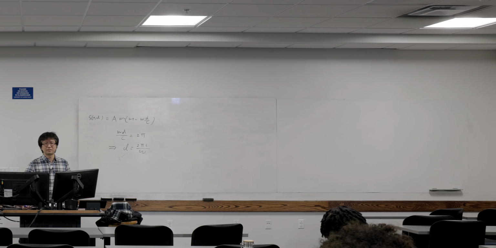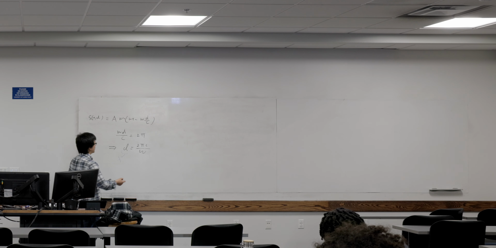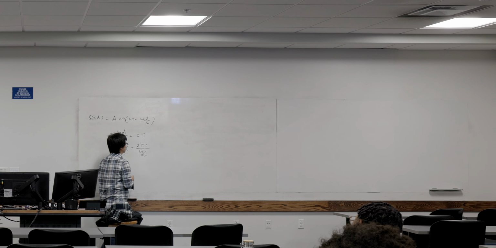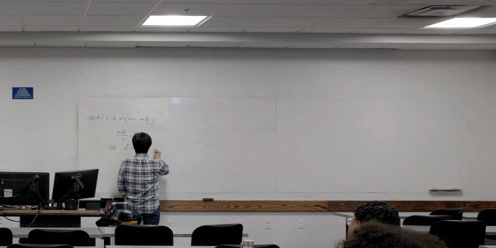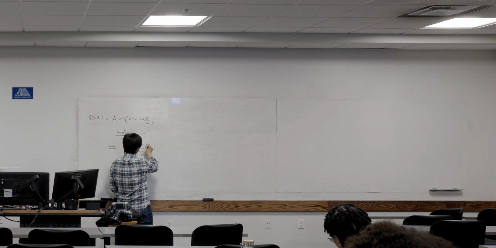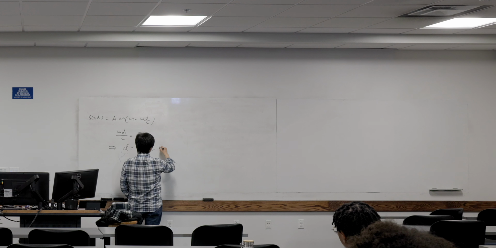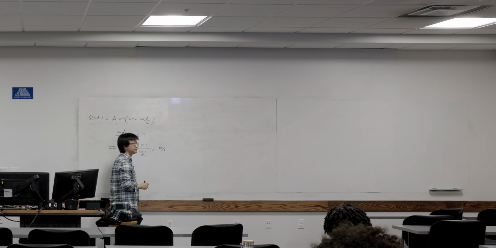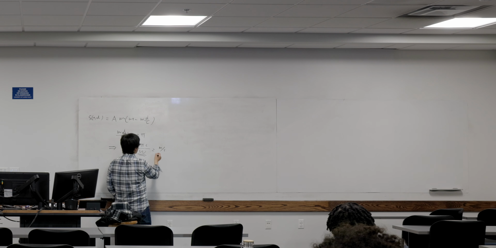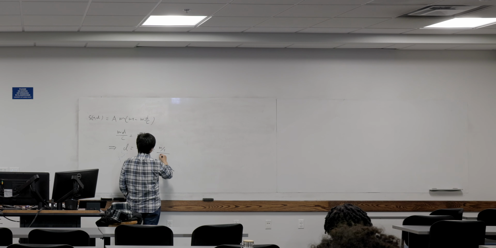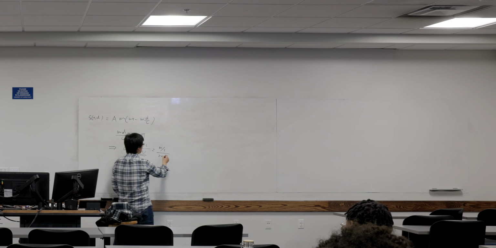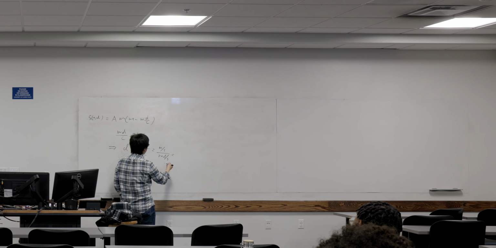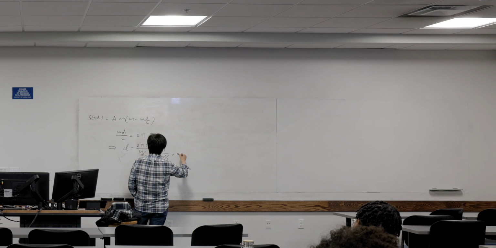The reason is, can you tell me the unit of this? 2 pi has no unit. The speed of light is meters per second. For omega, the unit is radians per second. Then what we get here is meters per radian.